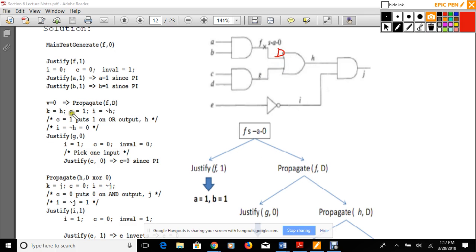So first, we want to say K is equal to H, so that K value is the line on the output of the gate being driven by the wire. So the previous ones, you're justifying it. We're justifying to see if we can propagate what values back on the input. So if we put 1, 1 here, we should get a 1, and then we'll immediately have a 0 on that error. See that?